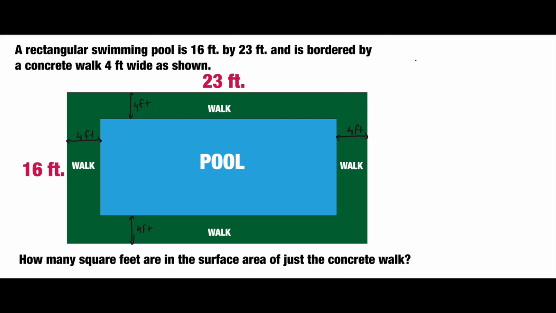So the strategy here is that the green area we are asked for is the big rectangle minus the small rectangle.